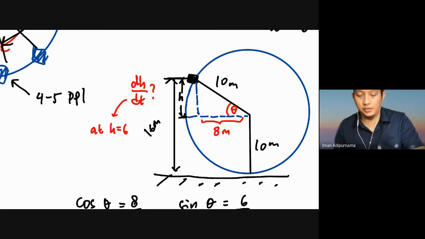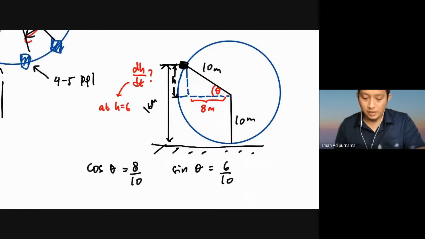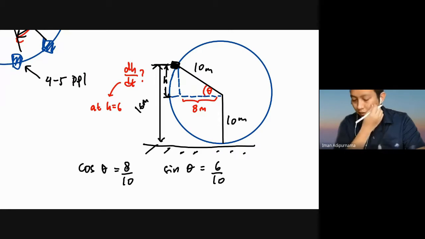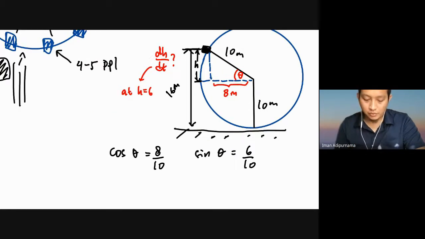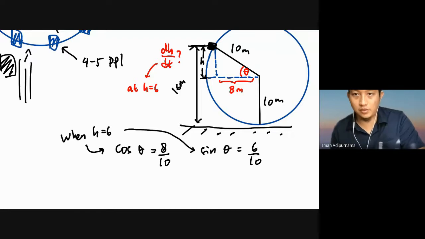That's actually the question. So hopefully you understand. When h equals 6, cos theta is 8/10, and sine theta is 6/10.